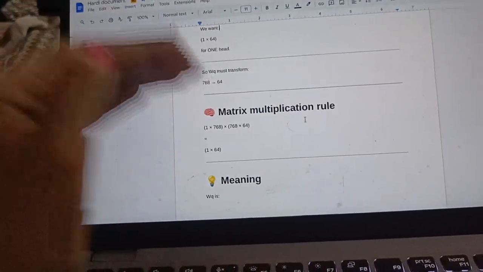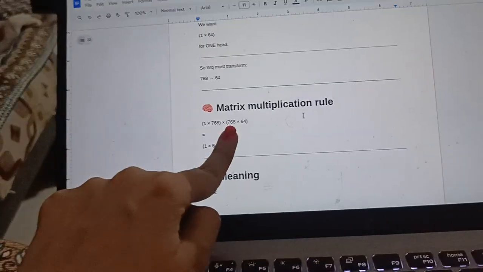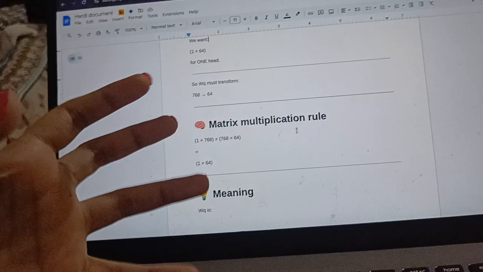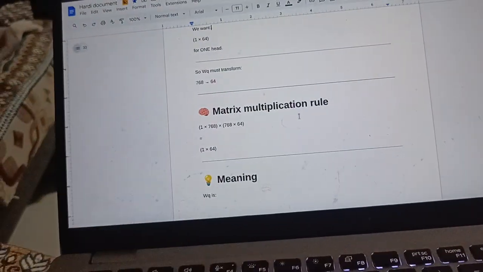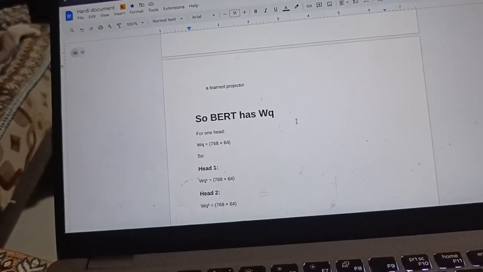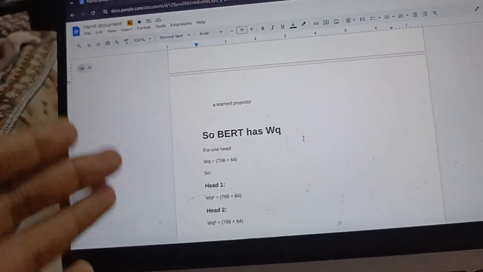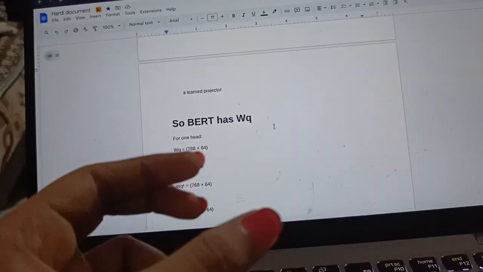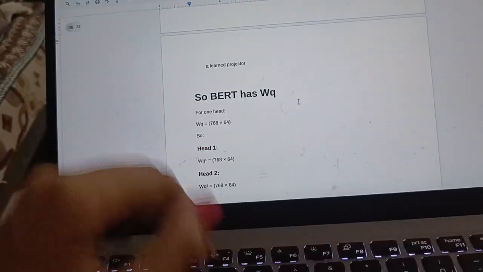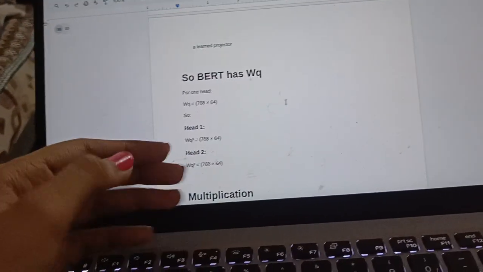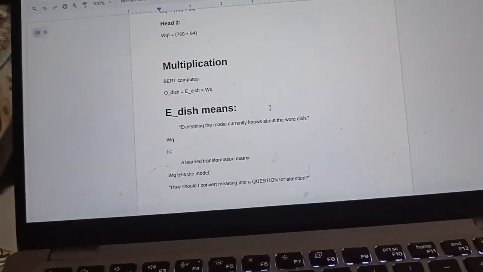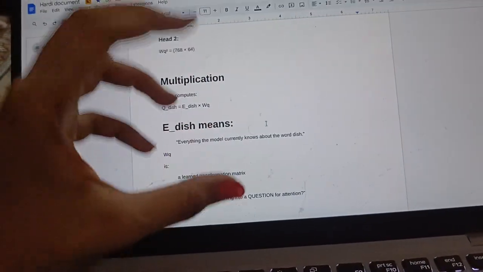We have this matrix multiplication rule where the columns and rows have to match to get multiplied. So WQ is a learned projector. A learned projector is like it has been filtered and then a query has been made. So 768 to 64, this is head 1, this is head 2 similarly, and what gets the embedding of dish into a matrix.